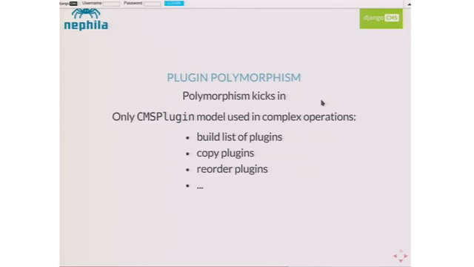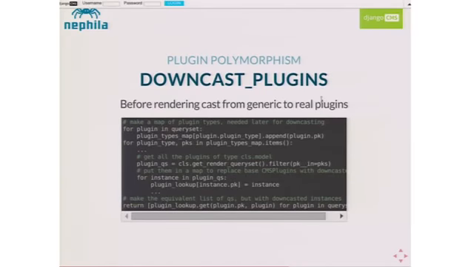In this way, we only hit one table, we have no joins, and we try to make things as fast as possible. And we'll see a couple of examples of how the polymorphism is handled, then we can see others later. The first function is downcast plugin, which we encountered in the previous section about the rendering of the plugins.